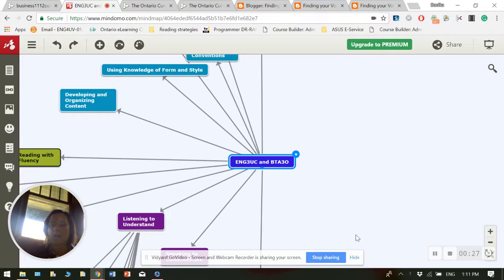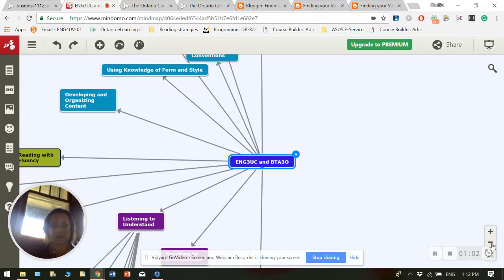So my initial thought was I would put down all of the overall expectations for ENG3U and ENG3C and BTA 3L, and then do all of the specific expectations for all three courses. And as you can see, if I zoom out here, I've only done the overall expectations for 3U and 3C and one subset of specific expectations for 3U and 3C.